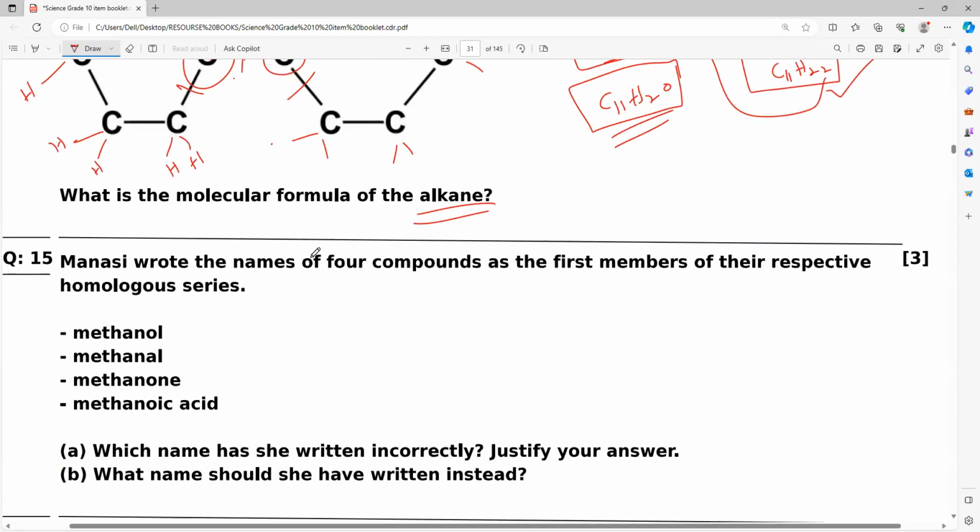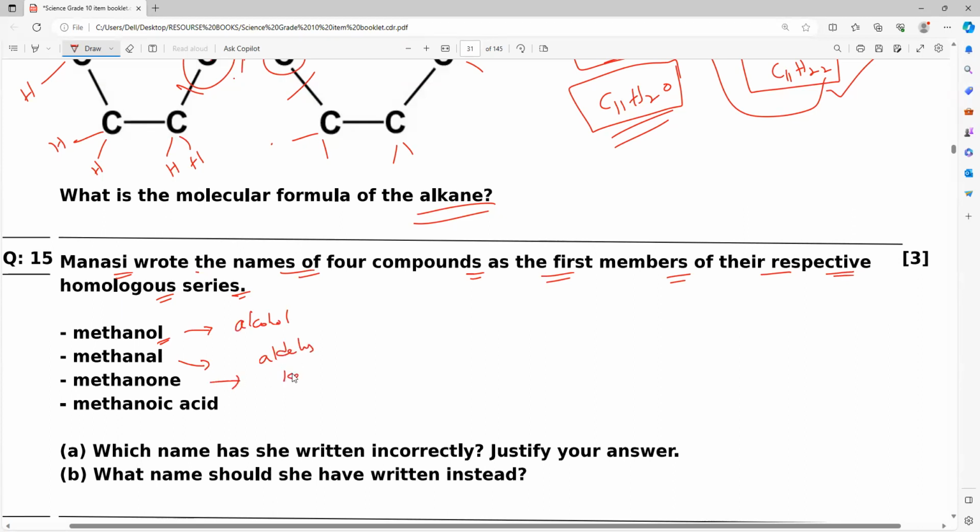Next question. Manasi wrote the names of 4 compounds as the first members of their respective homologous series. Methanol, what is the functional group, everybody? Alcohol. Methanal, aldehyde.